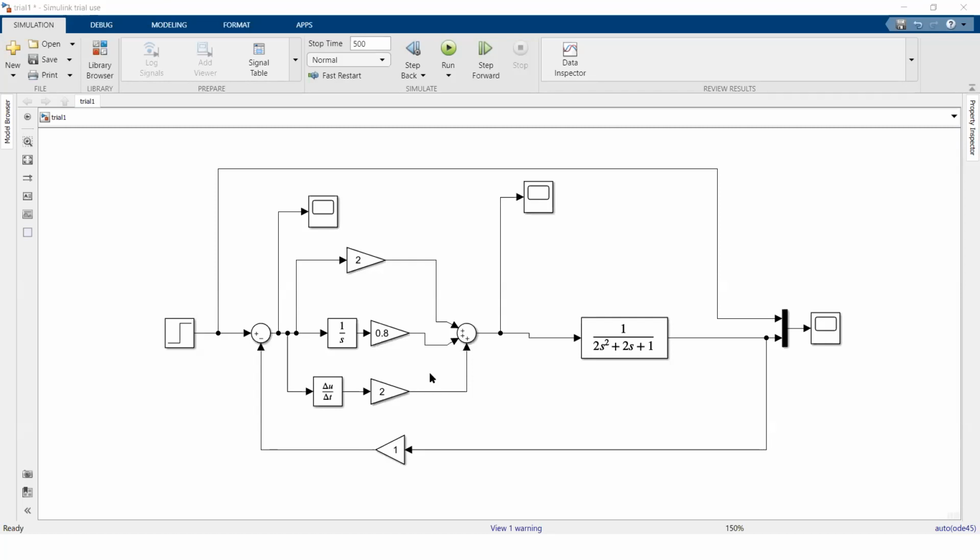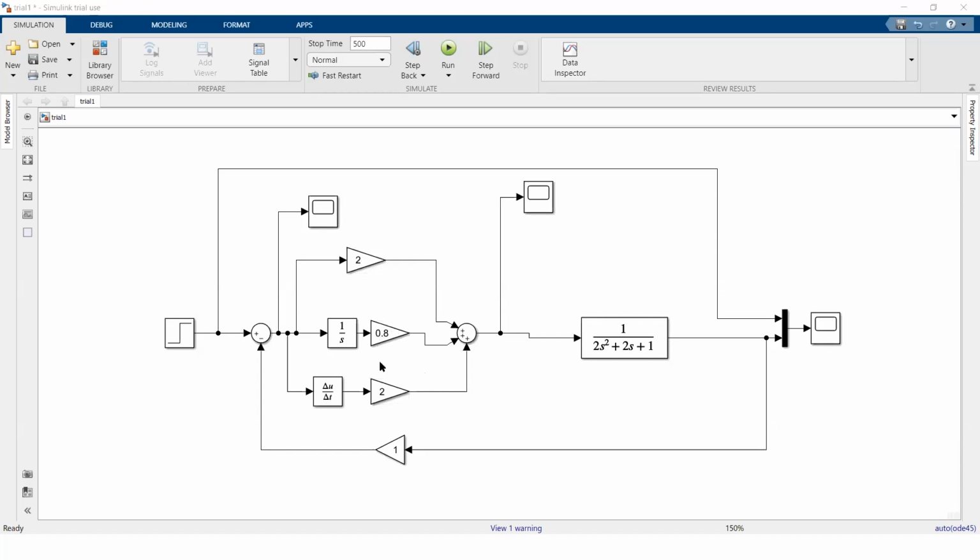So depending on the requirement, you can go with the P controller itself, or a PI controller, PD controller, or PID controller. All these combinations are possible. If you have to try it in Simulink, you need to put a 0 here.